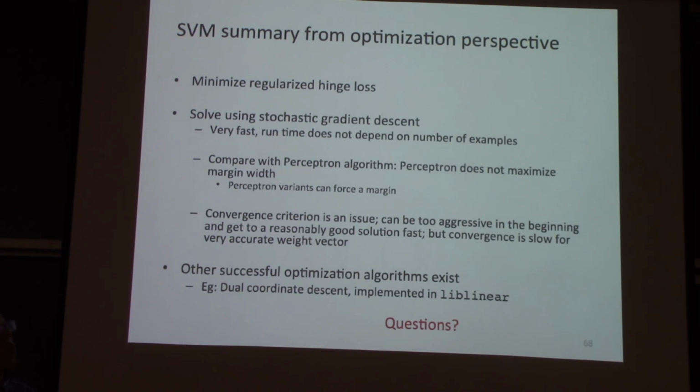Okay, so this is the summary of everything I have talked about. In SVM, we try to minimize the regularized hinge loss, and to solve it, we can use the old method like quadratic programming, but what we actually use, which is much faster, is stochastic gradient descent.